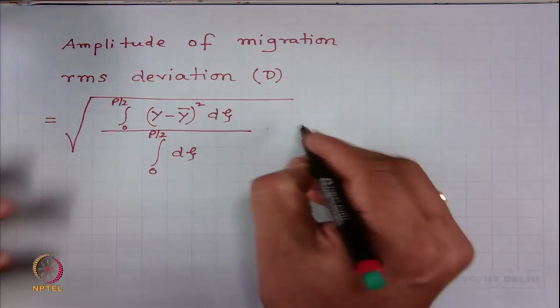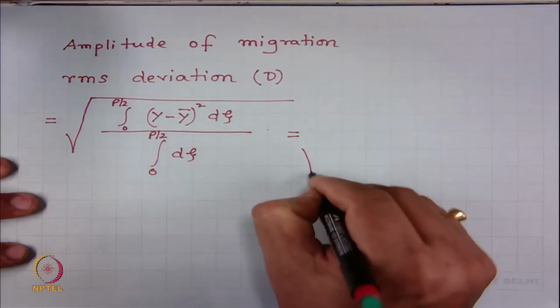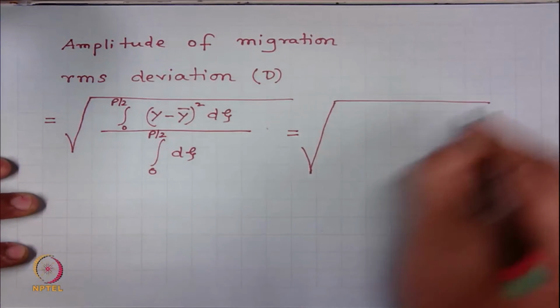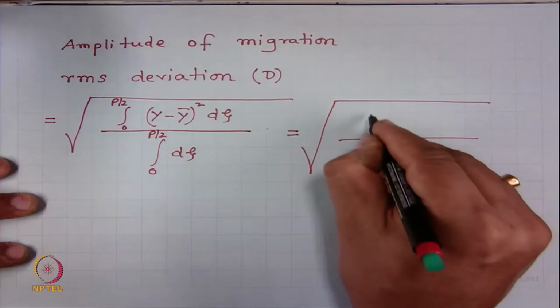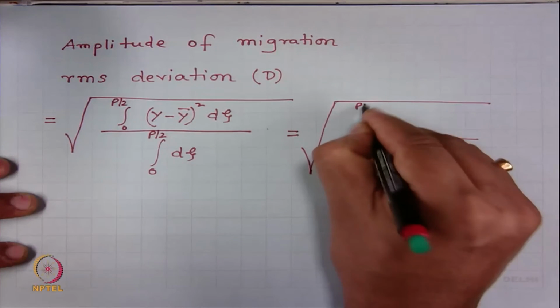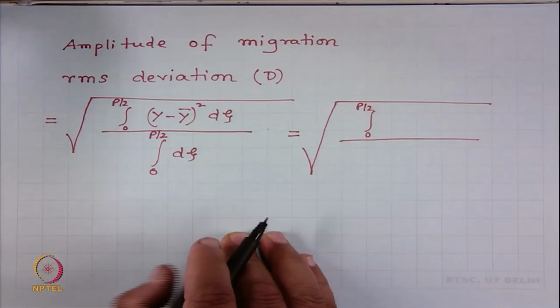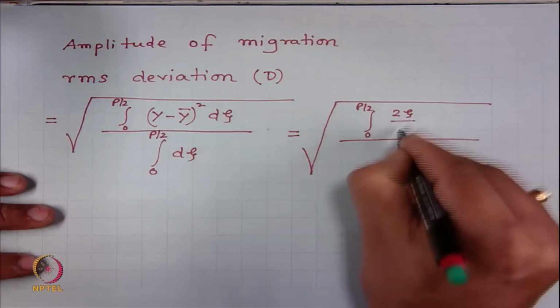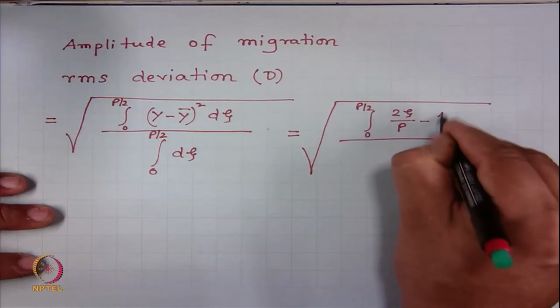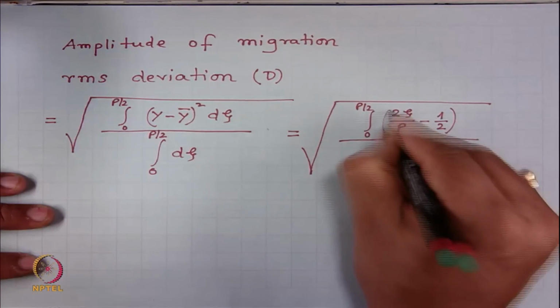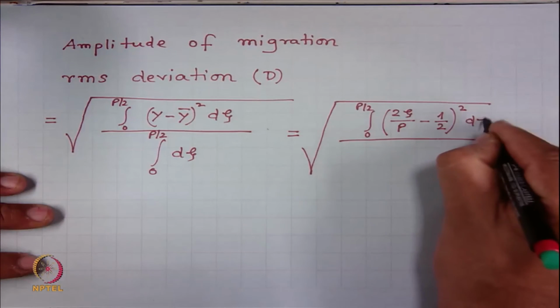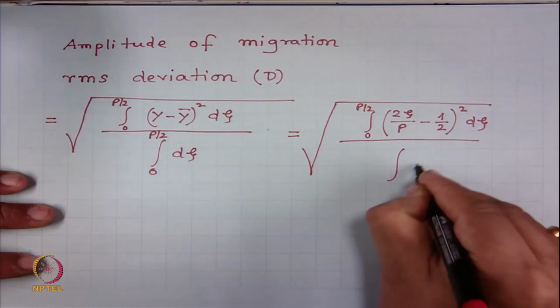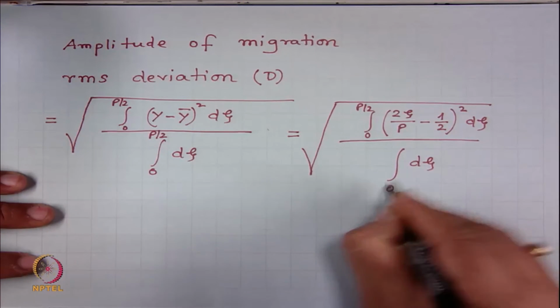So, what is your y? y is 2 zeta by p. What is y bar? Half. Square d zeta.